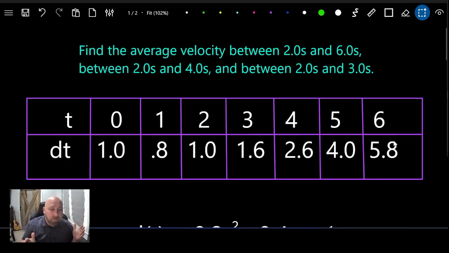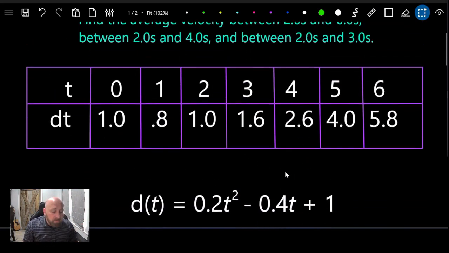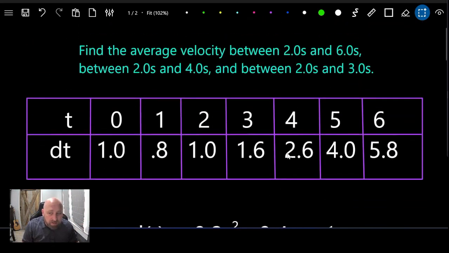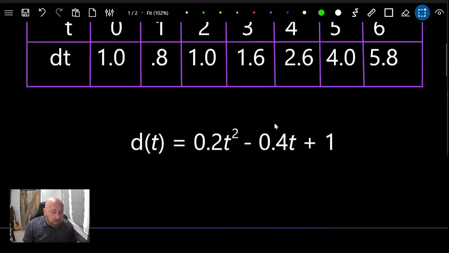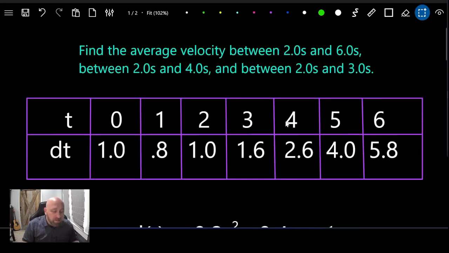How fast was this thing going during this block of time? So what we have to do is take the change in those two things. We're going from 2 to 6, so we want to start with 2.